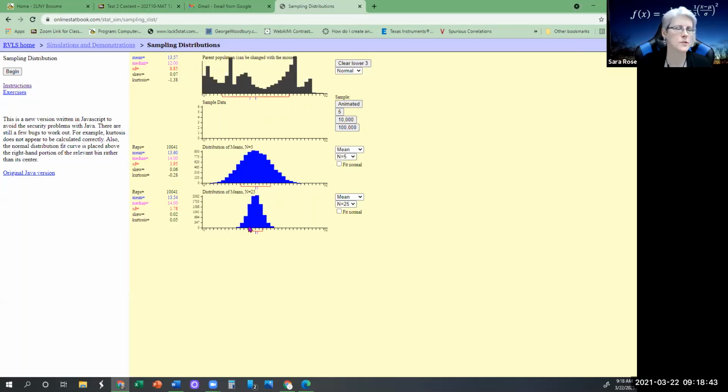This has a much smaller standard deviation, or as we actually call it when we're doing sampling distributions, standard error. So since we're going to be using that to calculate a margin of error, we want the smaller standard deviation. Excuse me.